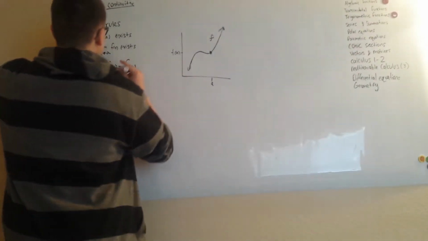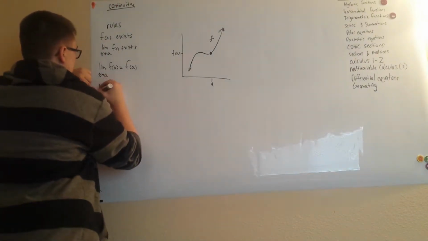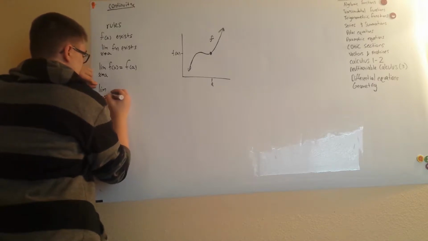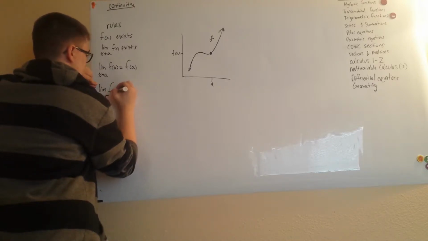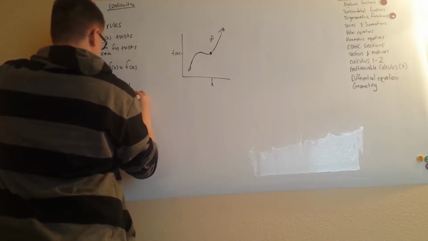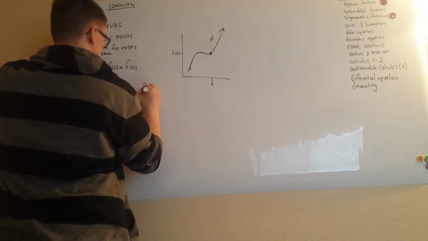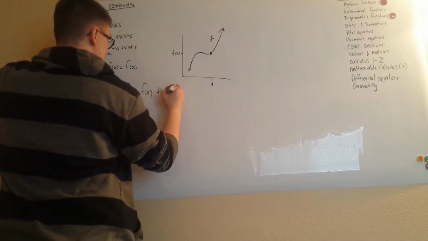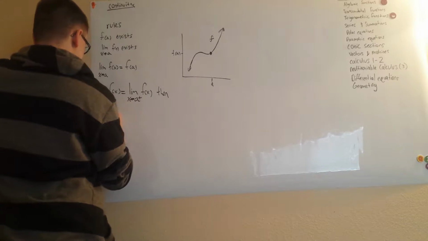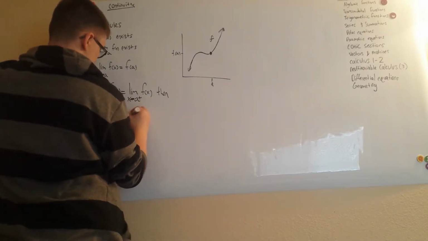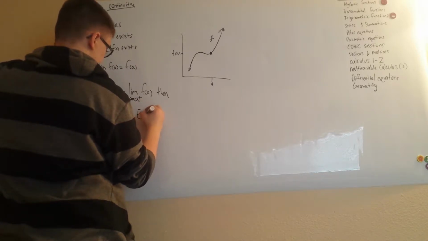Now, we can precisely define this limit: if the limit as x approaches a from the left equals the limit as x approaches a from the right, then the limit as x approaches a exists.